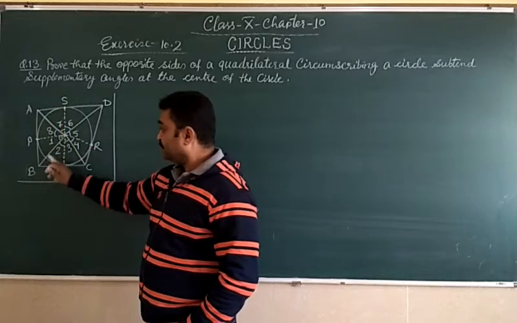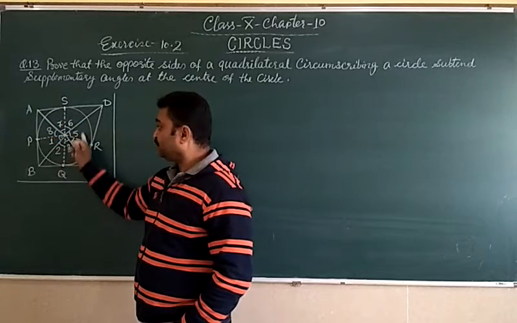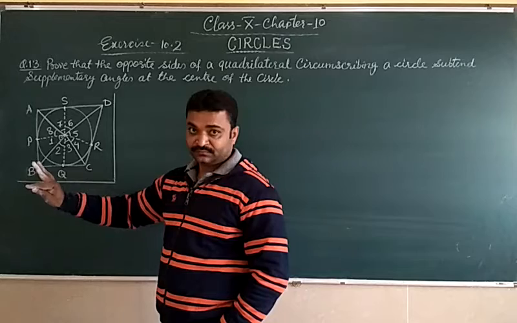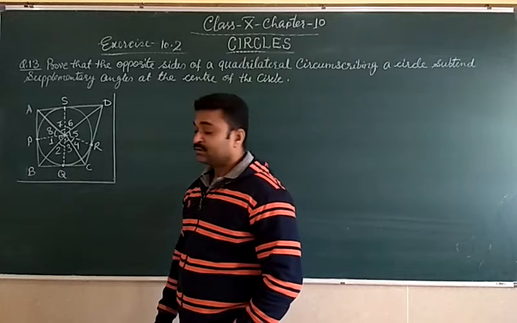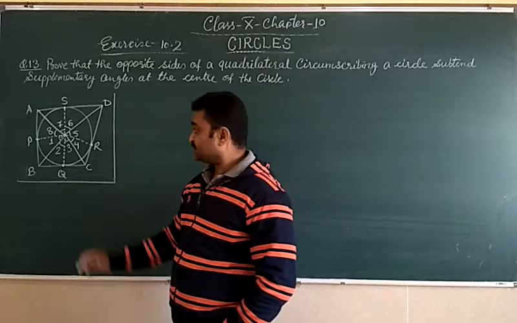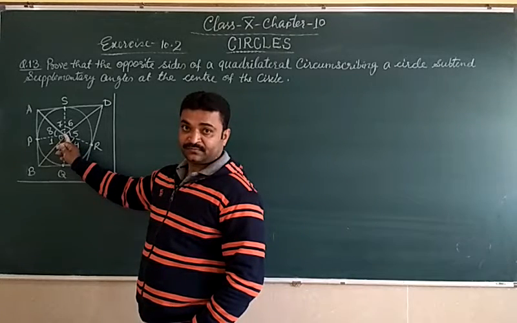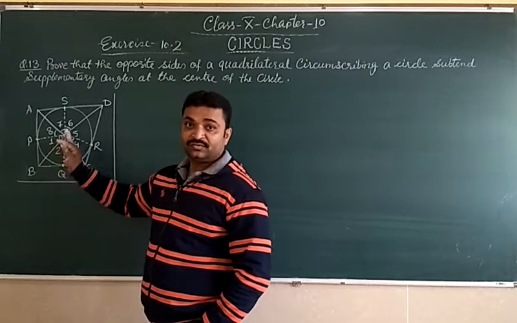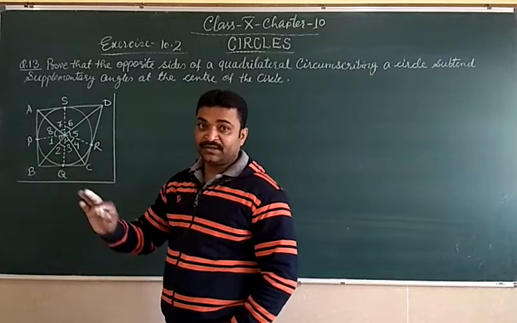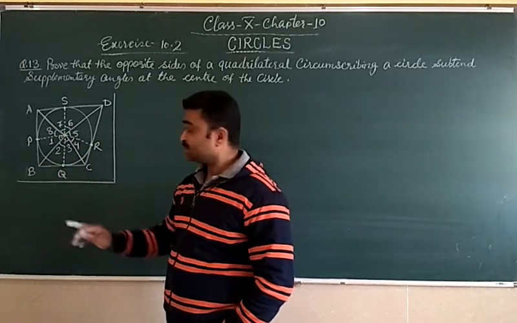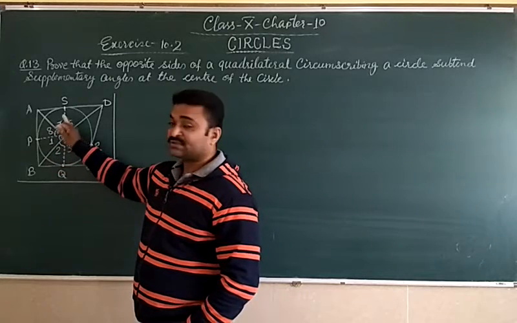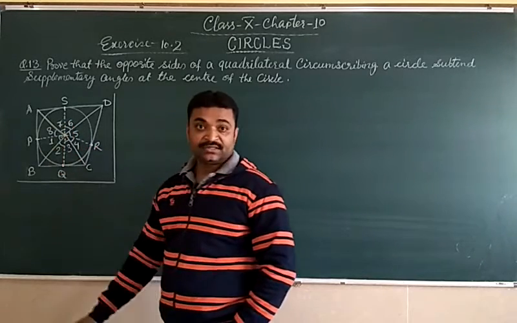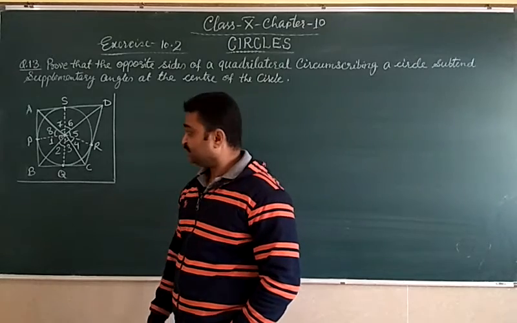I have given different names 1 to 8. 8 angles are formed. One more thing we know is that the sum of the angles around a point is equal to 360 degrees. That is, a complete angle is 360 degrees. That means angle 1 plus 2 plus 3 plus 4 plus 5 plus 6 plus 7 plus 8 is equal to 360 degrees. Isn't it?